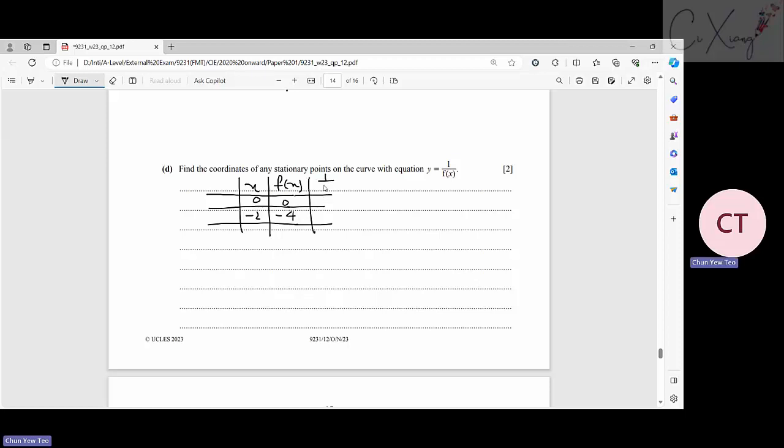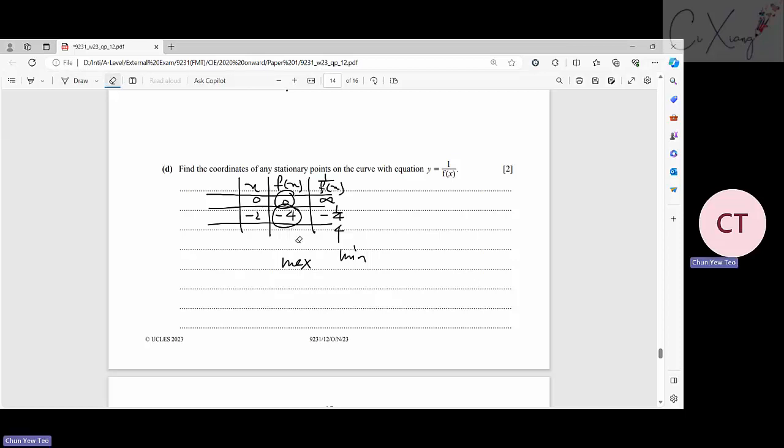If you take the reciprocal, the first will be infinity, and the second will be -1 over 4. So for this case, you only have one stationary point. Previously this one was a minimum and this was a maximum, so now what was previously a maximum will become a minimum.